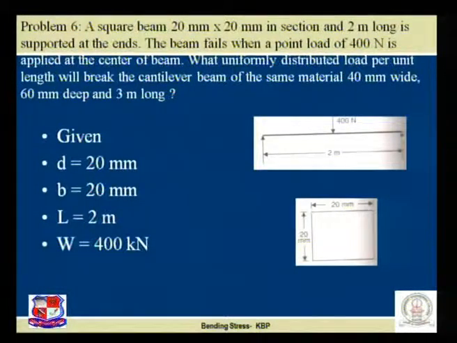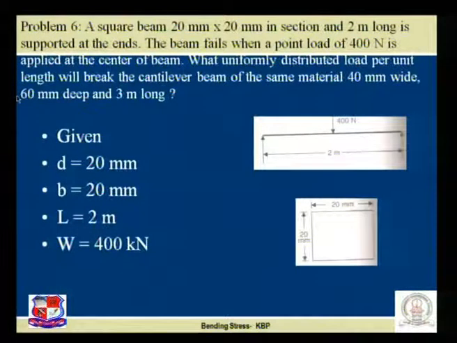A square beam that is of 20 mm cross 20 mm in section and 2 meter long is supported at its ends. What does it mean? Supported at its ends means the beam is given as a simply supported beam.